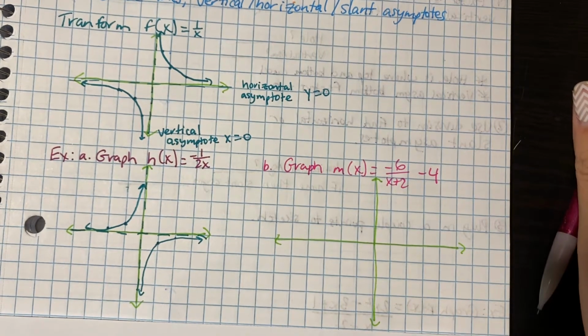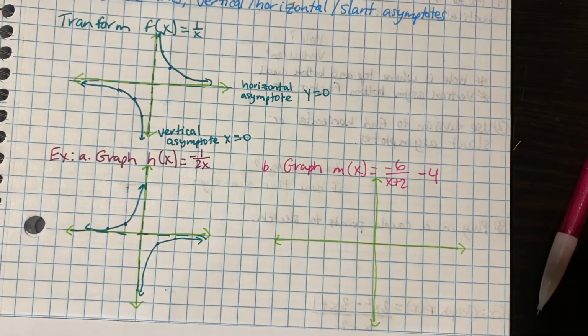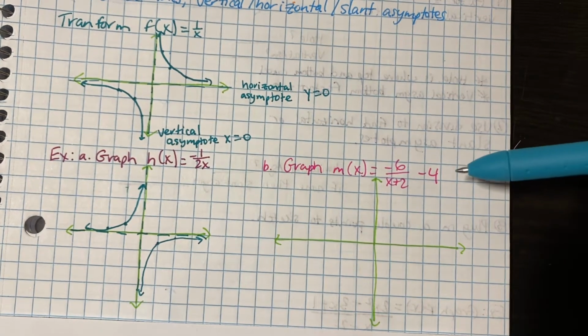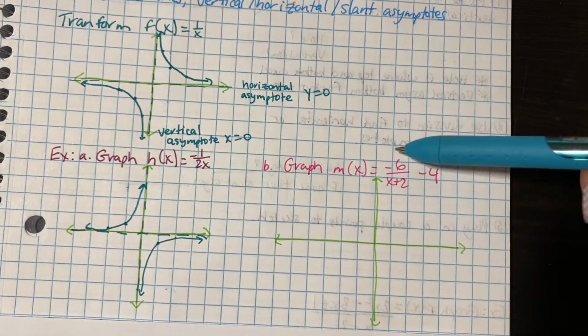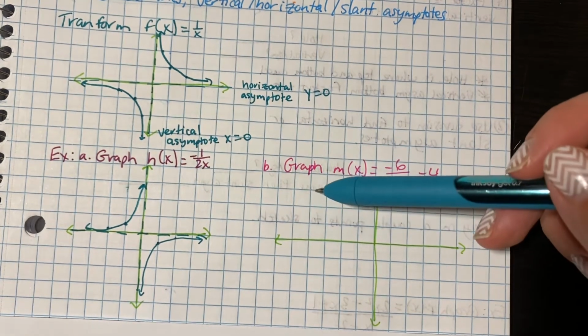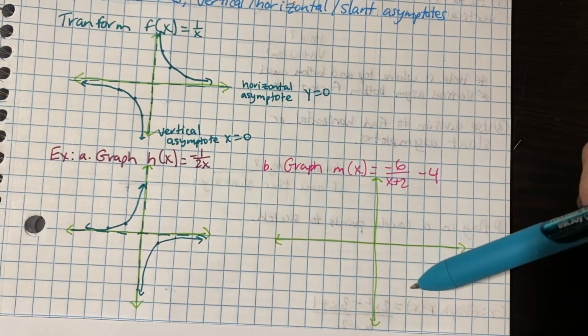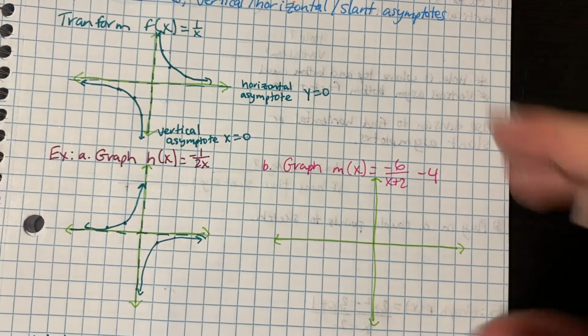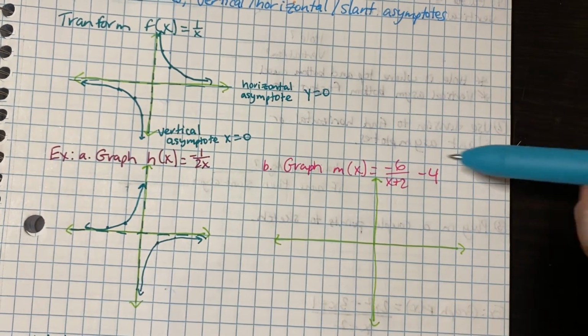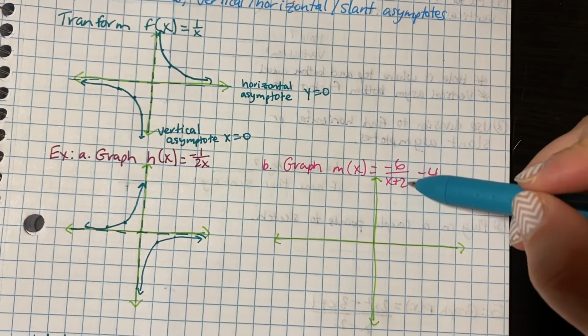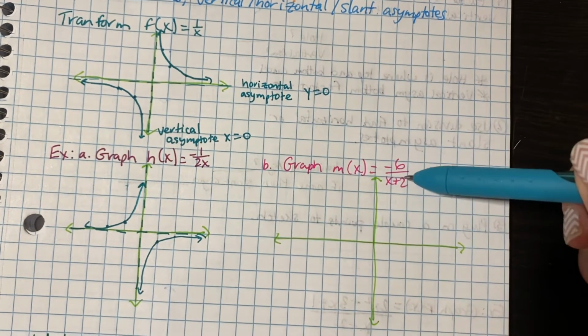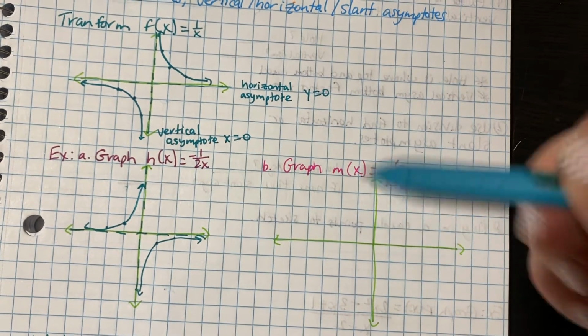First of all, we are moving our graph. Well, we have this negative, so we know it's going to be in these quadrants again. The second thing we know is that we need to move pretty much our axis to the left 2.